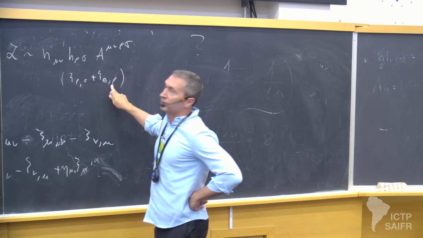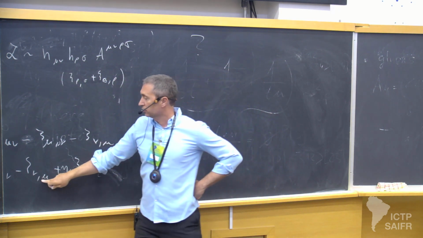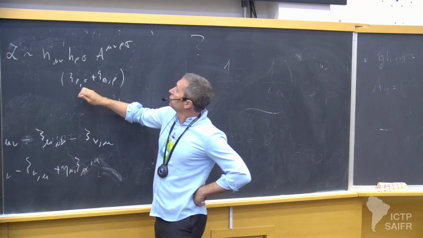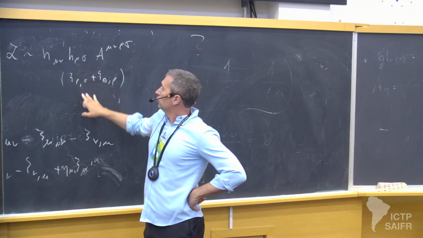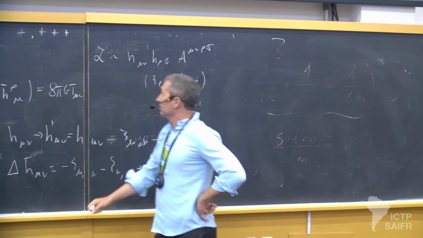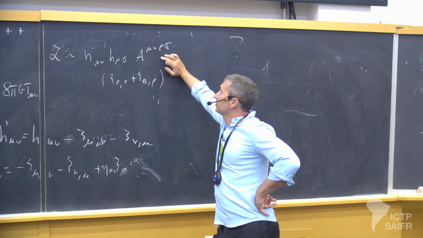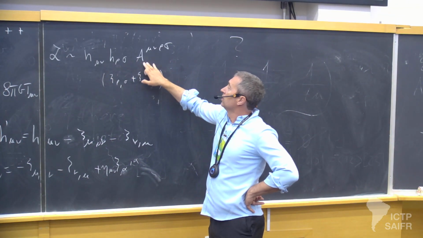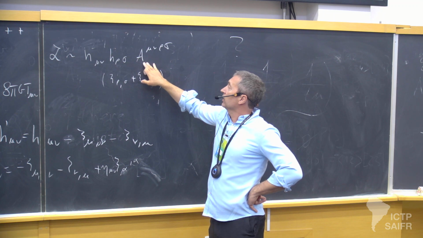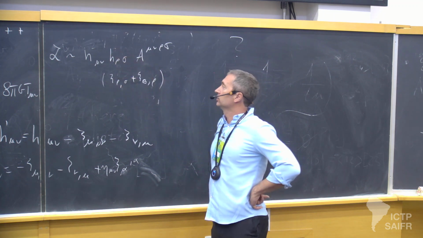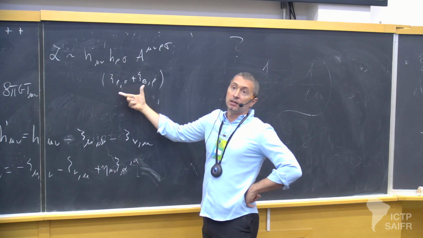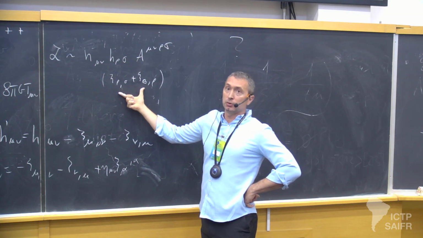I use the colon as a gradient; the colon just means derivatives. You can check that if you do this transformation, this stays invariant, and this is inherited from the Lagrangian, which has a quadratic operator that combines two h's and kills an object of this form. This is nothing new.